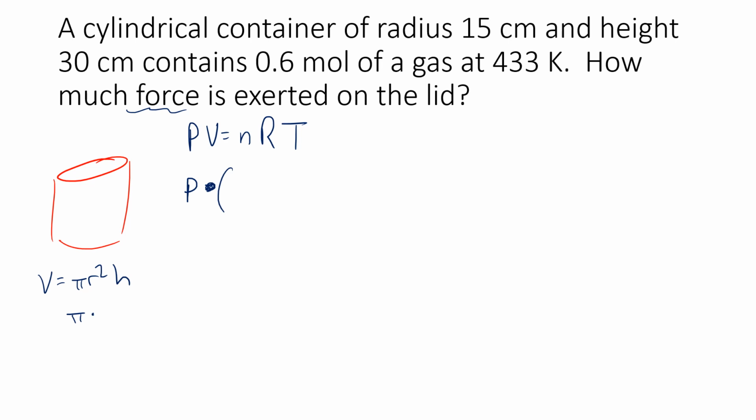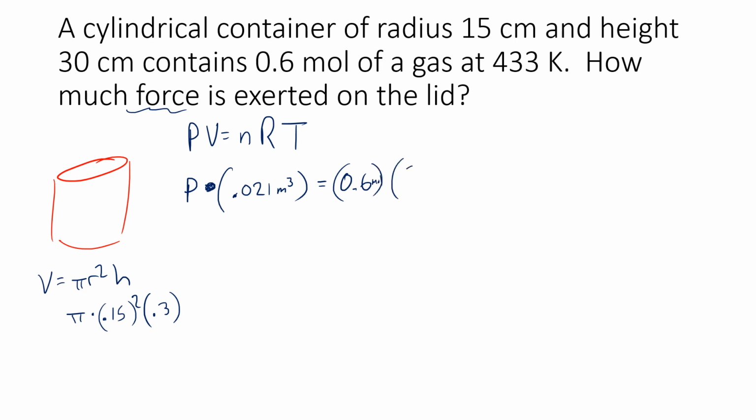Pi times r, which is 0.15. Don't forget, because you got to do it in meters. 0.3. Put them together, and we're going to get 0.021 meters cubed.